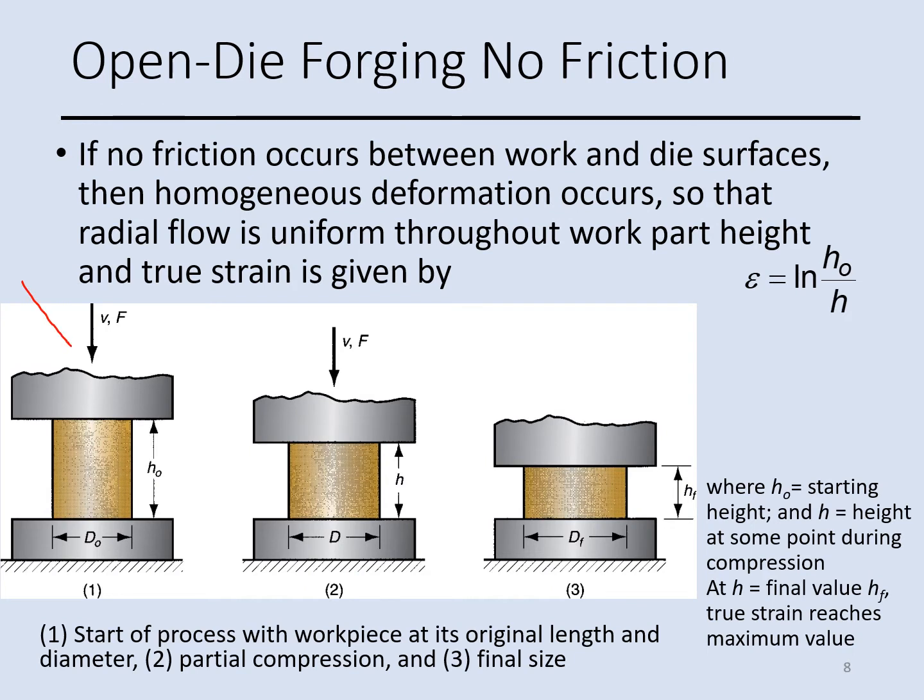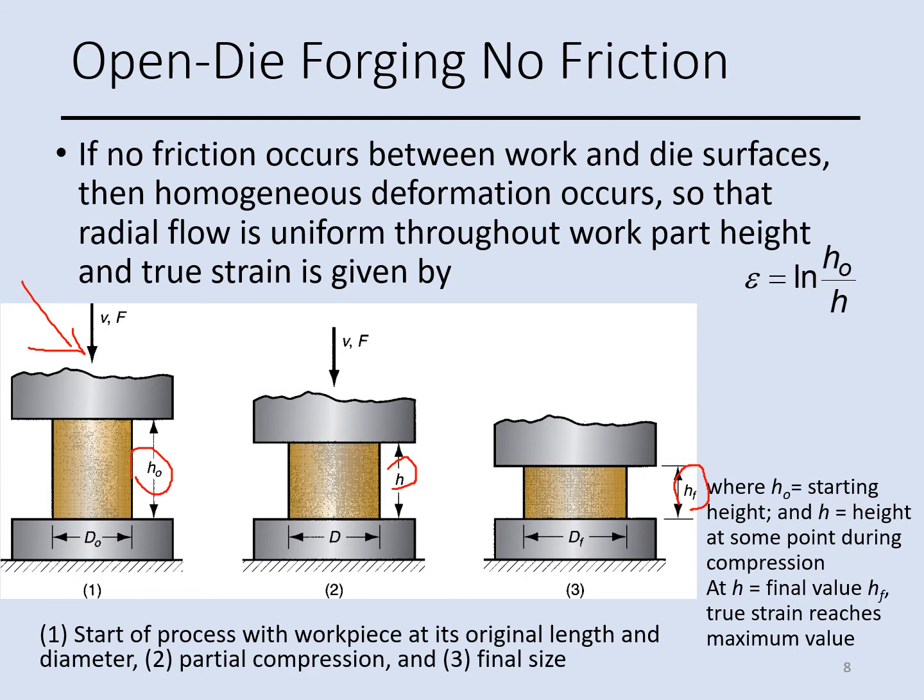This schematic, as you see in this slide, shows the three steps in the open die forging process. And here we have the initial height. This is a partial height, and this one is the final height. The process may have friction, may have no friction.